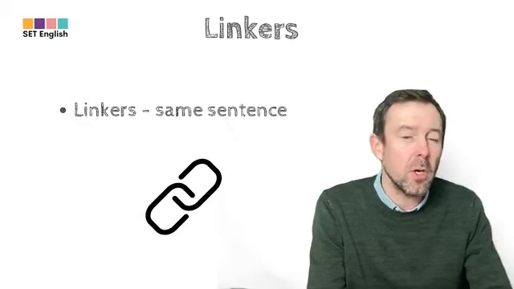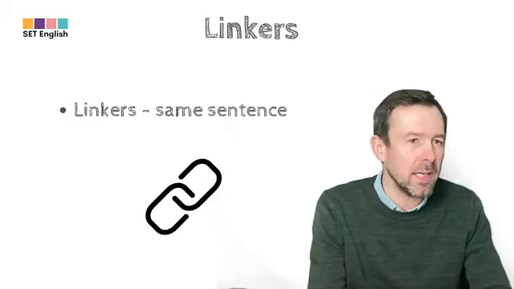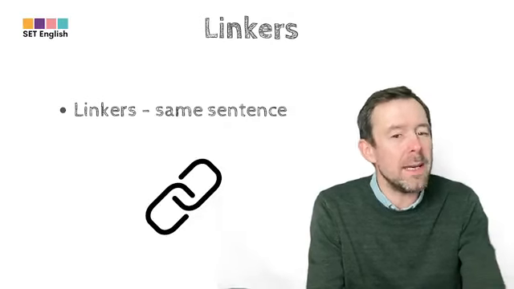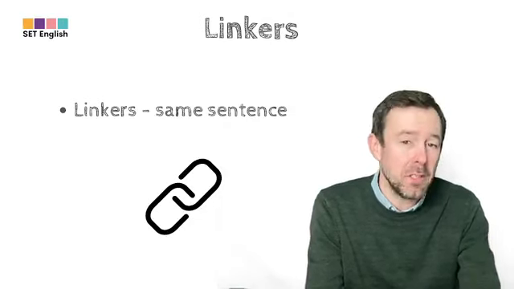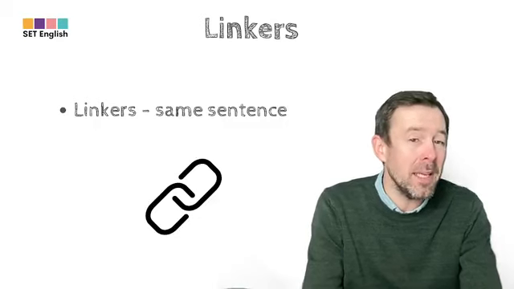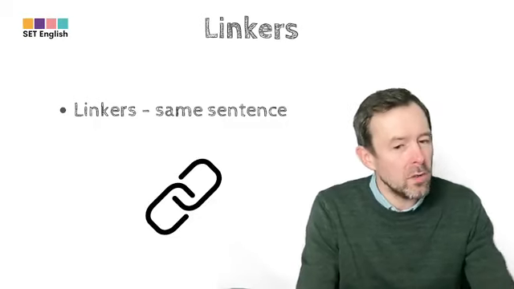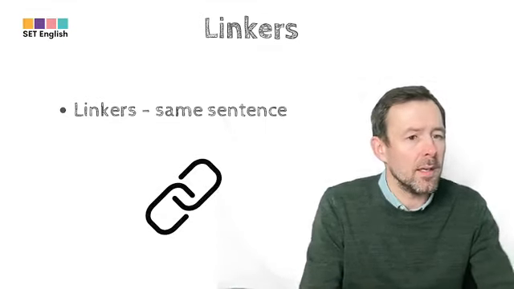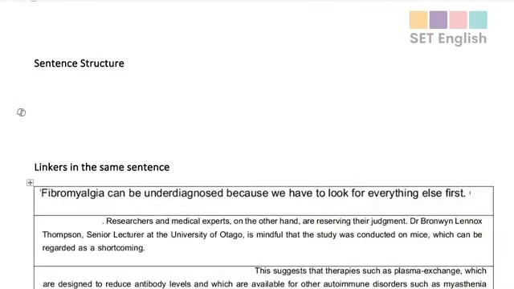Okay, so I've got a few more examples here that we can look at, which will hopefully demonstrate again the value of understanding the grammar here. Okay, we're looking at what sentence structure means in this case. So let's pop this down here.